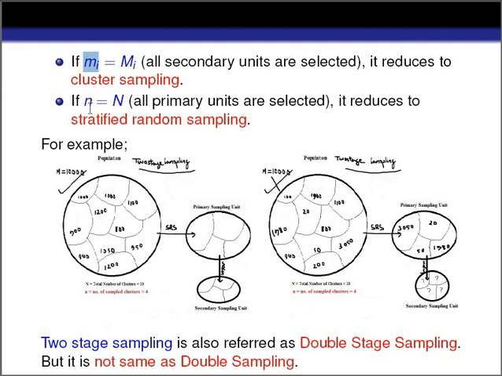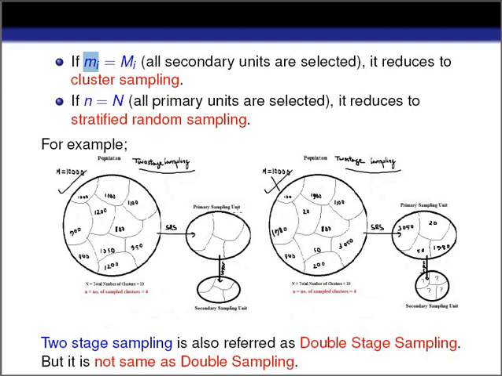And again, small n is the number of sampled clusters, and capital N is the total number of clusters present in the population. It means that if in the primary sampling unit all the clusters are selected, then this two-stage sampling reduces to stratified random sampling. You can see from this example: there are 10 clusters, and suppose all the clusters are selected in the primary sampling unit.